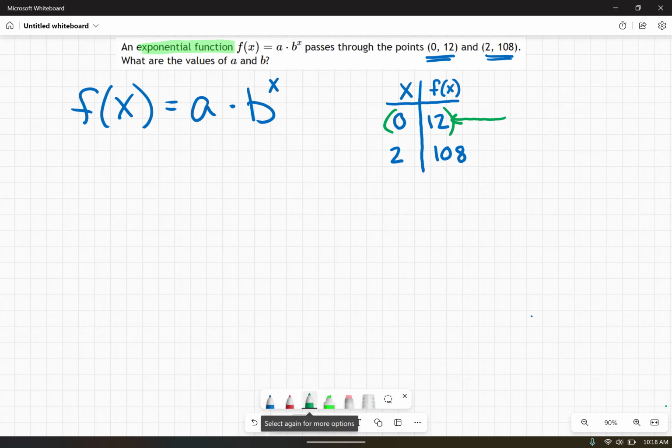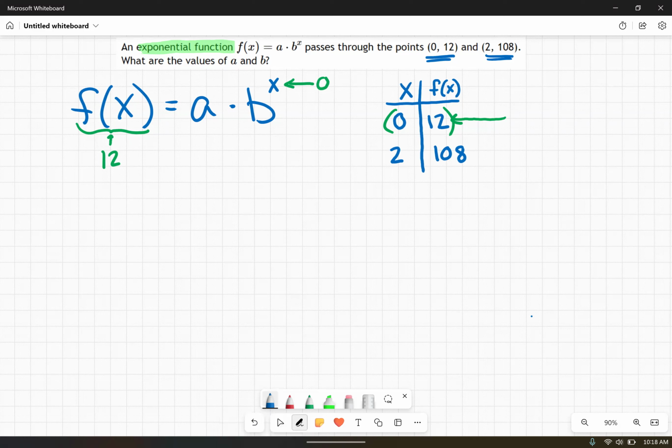So that means the 12 is going here, and the 0 is going here, right? Replace x with 0 and replace f of x with 12. Let's see what happens.